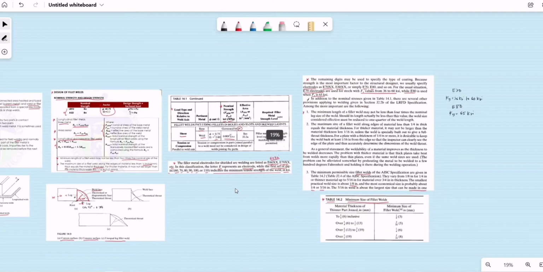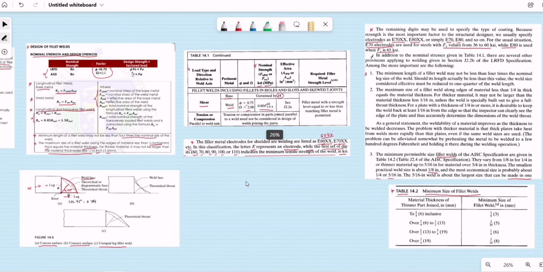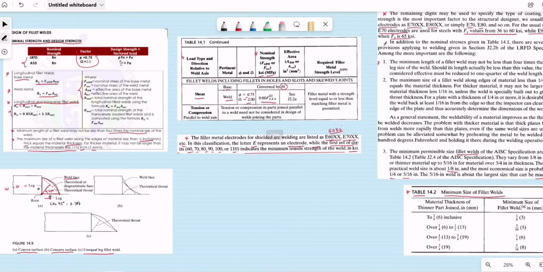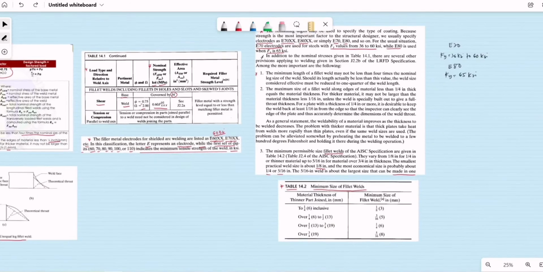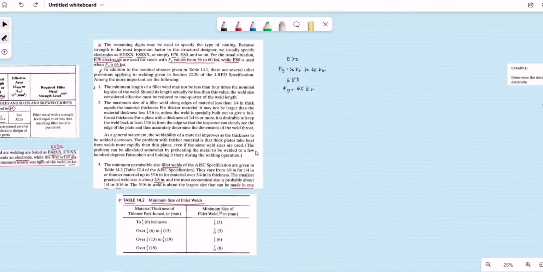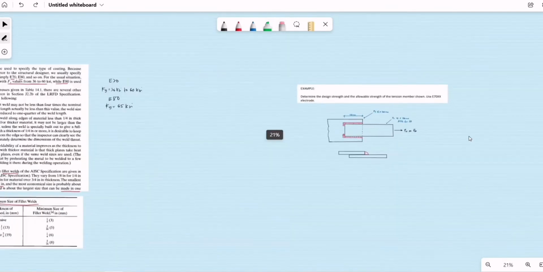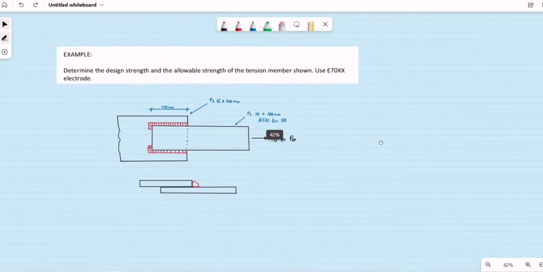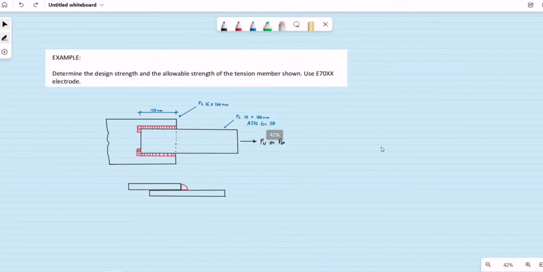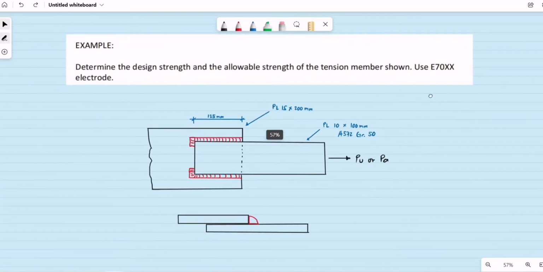So I think we can now have our first example. Determine the design strength and the allowable strength of the tension member shown. We are to use an E70XX electrode.